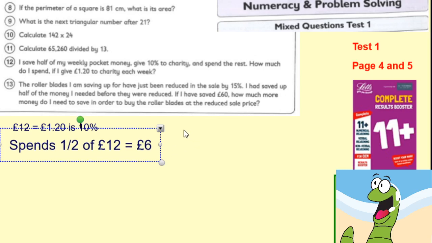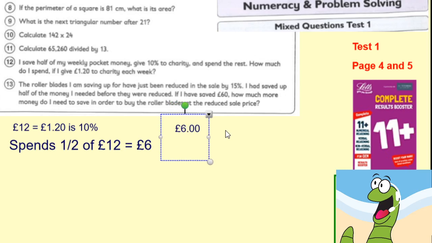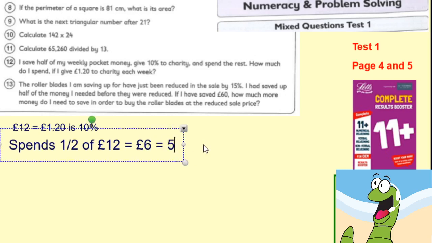So that means the 10% he's going to give to charity. So in total, that is £6 and £1.20. £6 equals 50%, which is why he said he spends half.